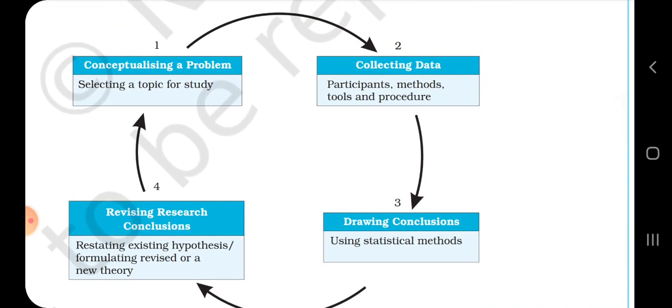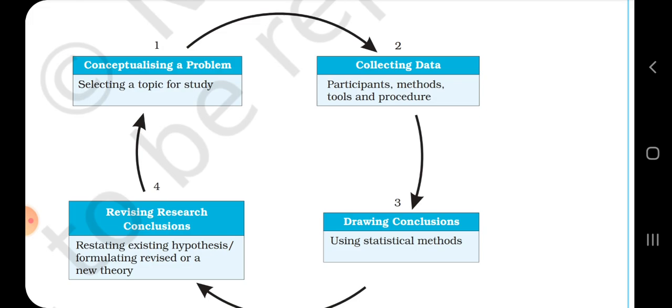First, in a systematic manner, conceptualizing a problem, that is, selecting a topic for study. 2. You have selected a topic, right? Now, for that you need some data related to that.